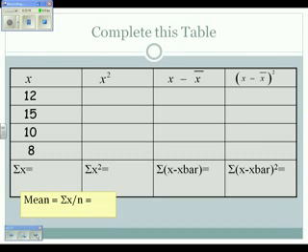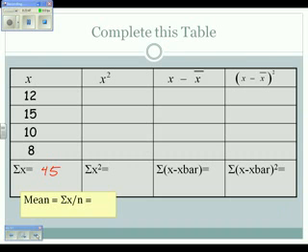So let's say we have a very small sample set, only 4 data values in our sample data: 12, 15, 8, and 10. We want to add these data values together because that's what this is, sum of x. These are the x values, and this is the sum of x. So when we say 12 plus 15 plus 10 plus 8, what do we get? 45.